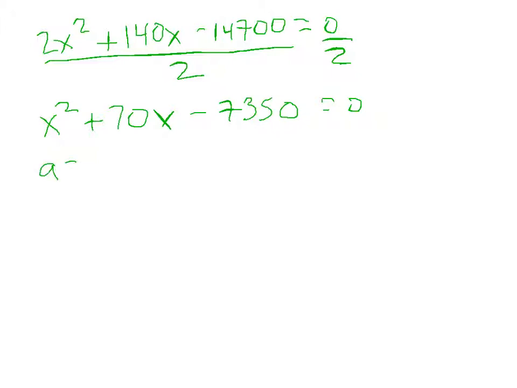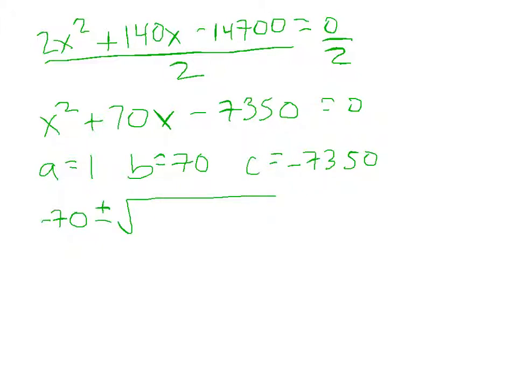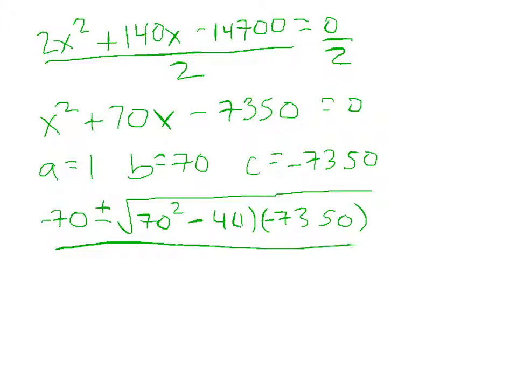Now I know that I can use the quadratic formula to solve this equation. I know that a equals 1, b equals 70, and c equals negative 7,350. So, by plugging this into the quadratic formula, I get negative 70 plus or minus the square root of 70 squared minus 4 times 1 times negative 7,350, all over 2 times 1.